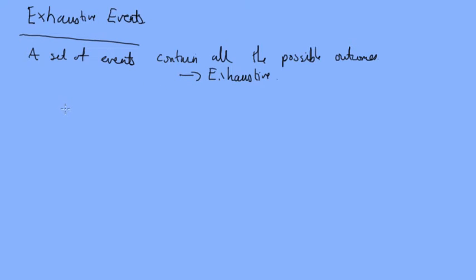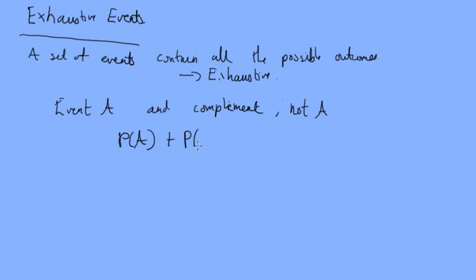In a special case, say we've got event A and its complement, not A, the opposite, the sum of their probabilities is 1. So the probability of A plus the probability of not A equals 1.